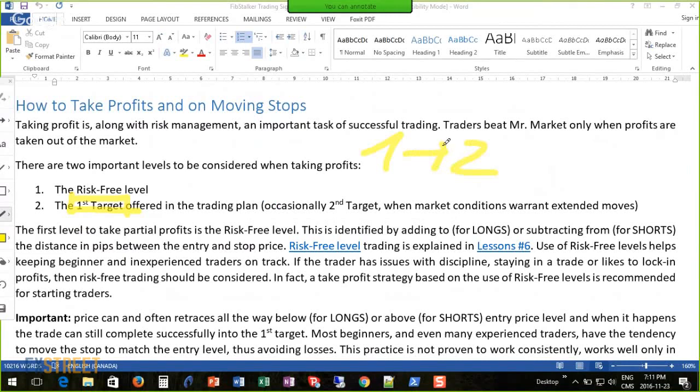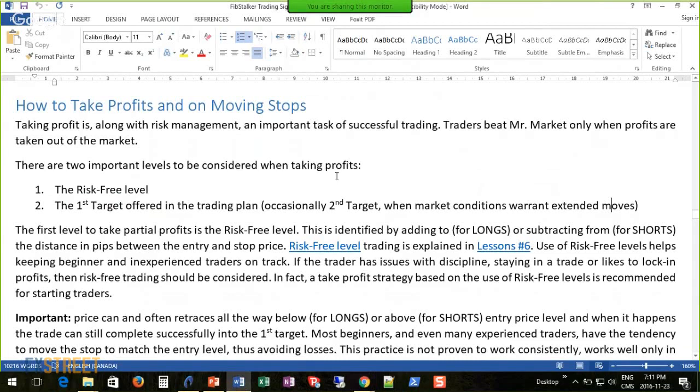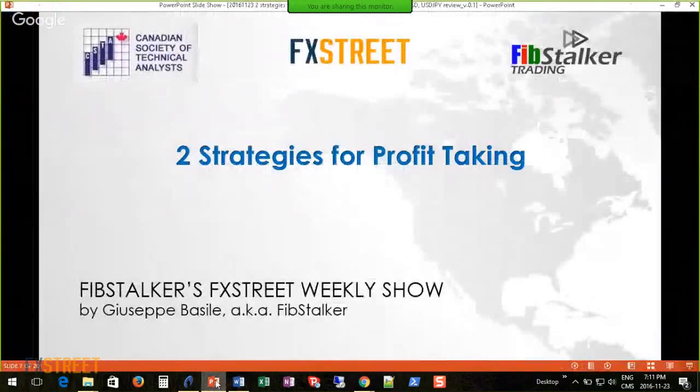That really depends on a number of factors, including how the market is moving, the current market conditions. And occasionally, the second target will be considered when market conditions warrant extended moves and the probability for the market to move to the second target is actually higher.